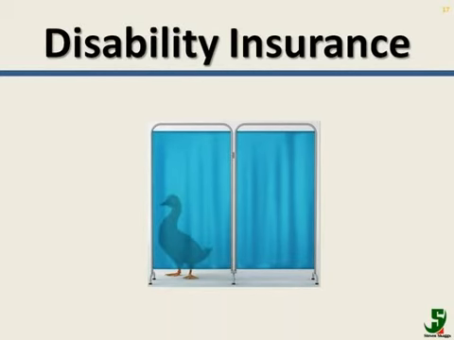Some define it as being unable to pursue your regular work, while others define it more narrowly as being unable to pursue any work. Some plans pay partial benefits if you return to work part-time, and some do not. Be sure you understand the limits of your plan's coverage.